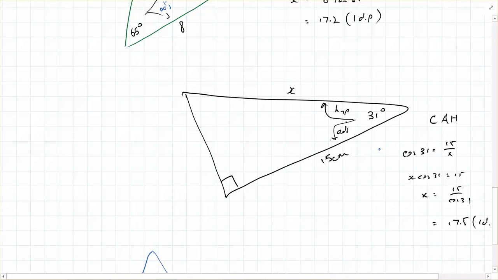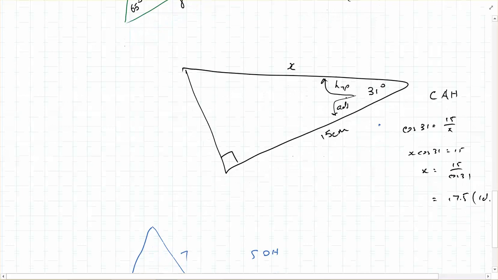Remember, it's adjacent over hypotenuse. When we've got x underneath, and that's the unknown, we firstly have to take it out, so it's x cos 31 equals 15, and then we divide both sides by cos 31, so we end up with x equaling 15 divided by cos 31, which when you put that through your calculator you get 17.5.